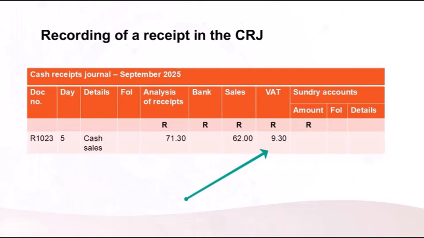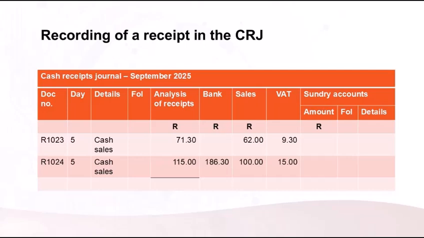Our sundry accounts show an amount, a folio and details. We're not going to use those since we have a column for sales and value-added tax. So, if Sunny High School made another cash sale for the day and issued receipt number 1024 for 115 Rand in total, 100 Rand sales, 15 Rand VAT, we will record it as follows in our cash receipts journal.